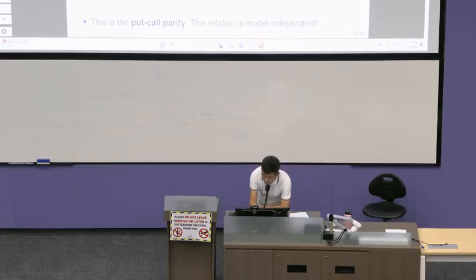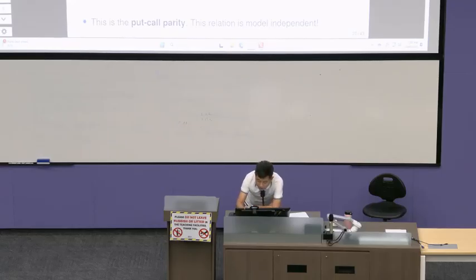Again, you only have two scenarios, right? Either your ST is bigger or your ST is smaller. If your ST is bigger, on your left, you have ST minus K minus ST plus K, which is 0. So both sides equal 0.